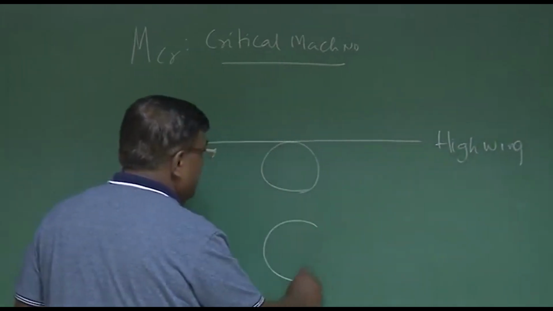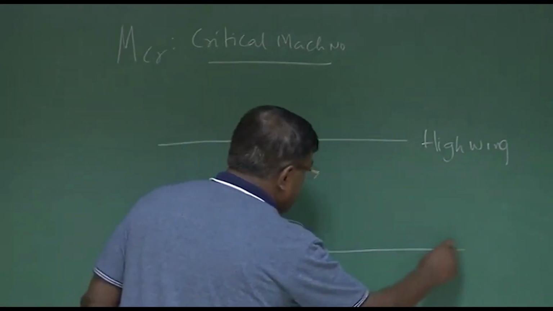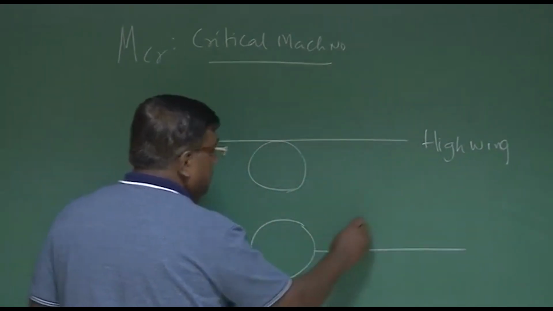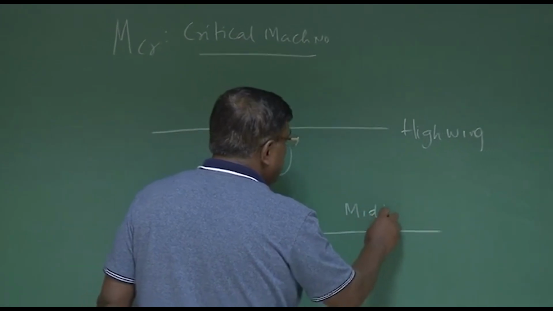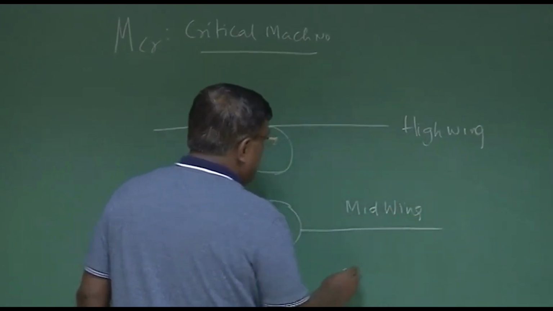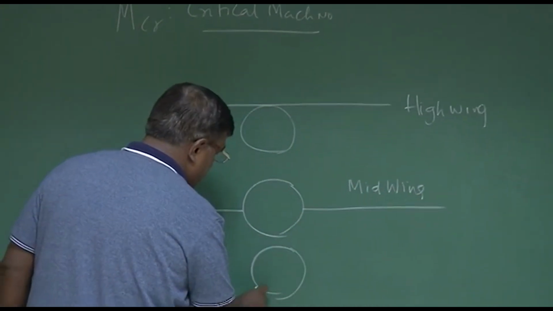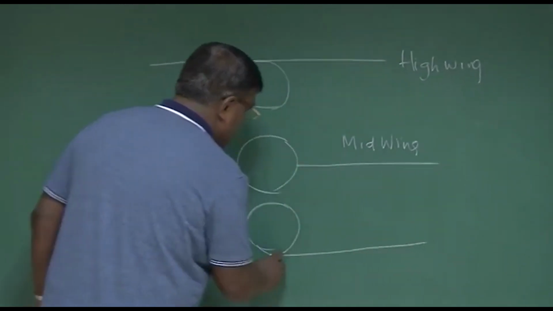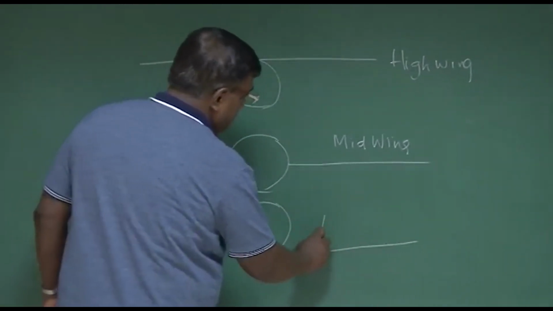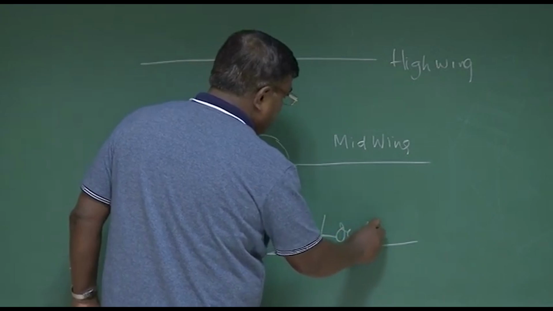I can have an airplane which is like this. These are called mid wing. I can have an airplane where it is like this. These are called low wing.